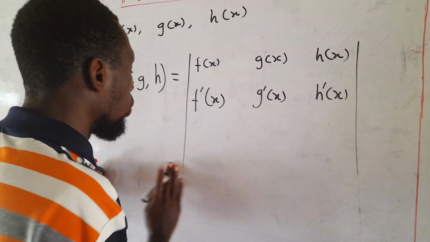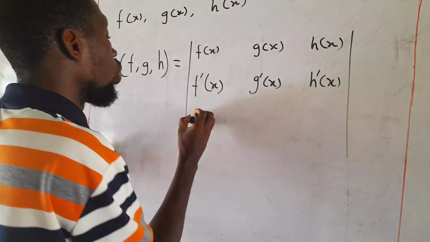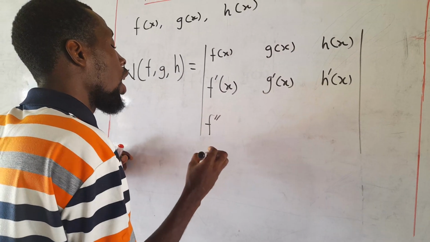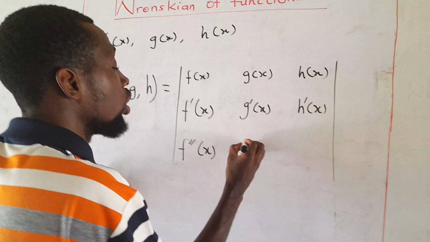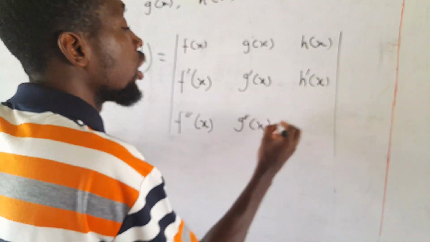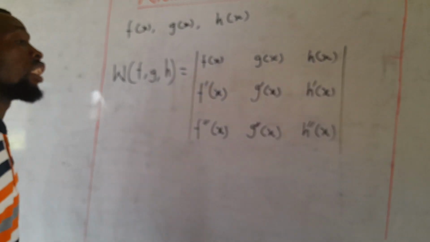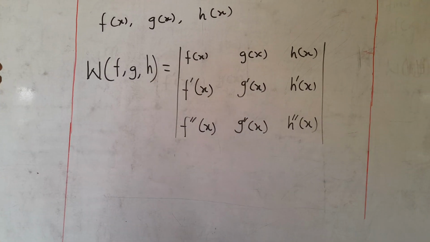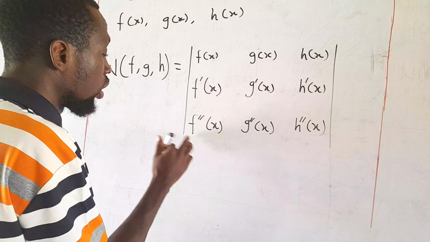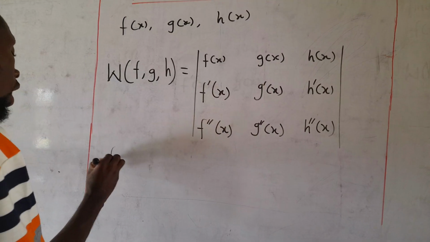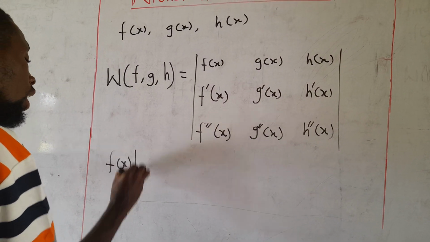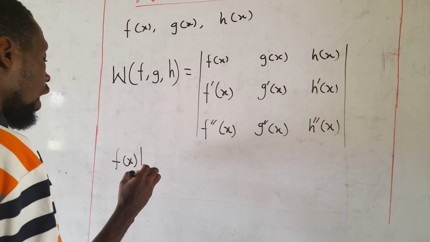Then the third column will be the second differential of the function. So f prime prime of x, g prime prime of x, then h prime prime of x. And remember, when we find the determinant, we know how to solve this. So the determinant will just be f of x, the determinant of what is not under the f of x.